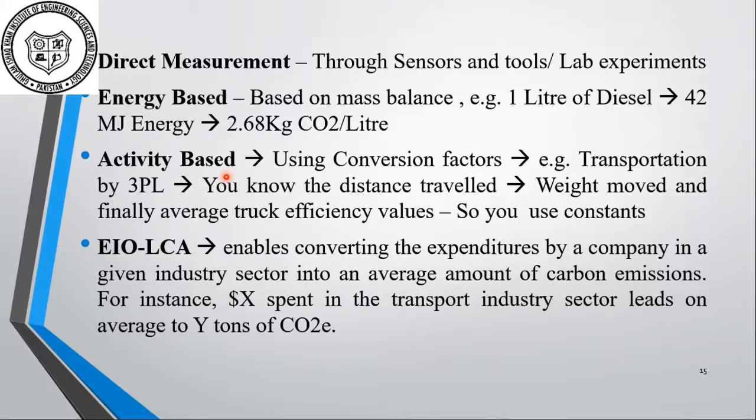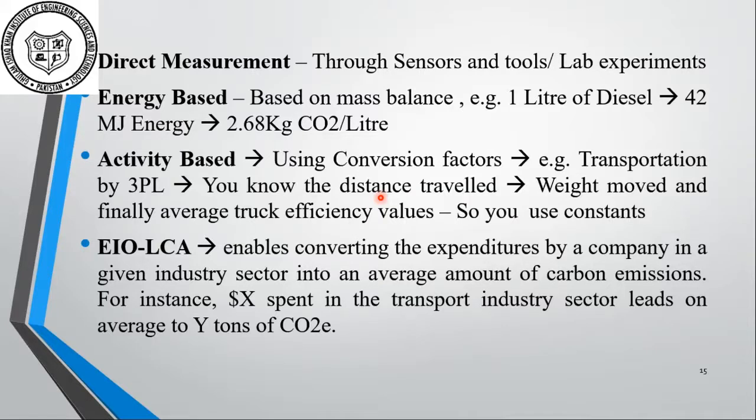Concerned with your assignment, that is basically using the conversion factors. Supposedly you have transportation being provided by a third-party logistics provider and they don't really want to share the data with you. So what you have, you know the distance traveled, you know the weights moved, and obviously you use the truck efficiency for similar trucks to measure how much diesel has been consumed to move this much weight.